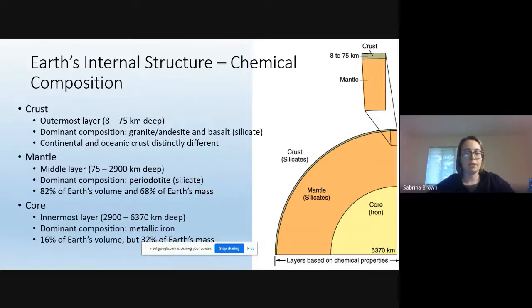And then the core is the innermost layer. It's the center, right? Just like you have a core of an apple. And it is mostly made up of metallic iron, right? So even though it only makes up 16% of the volume of Earth, it has about 32% of the Earth's mass because that iron is so dense and heavy.